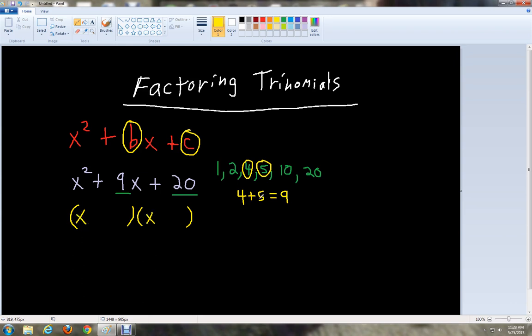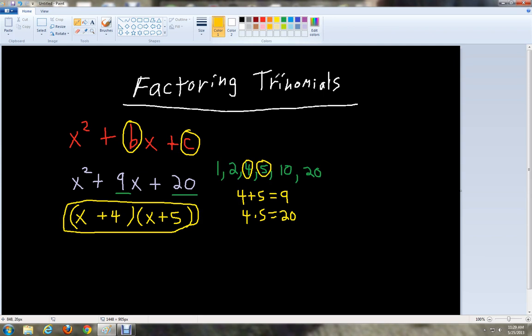And then we write our two factors. 4 times 5 is 20. So I only have plus 4 plus 5. So x squared plus 9x plus 20 can be factored as x plus 4 times x plus 5.